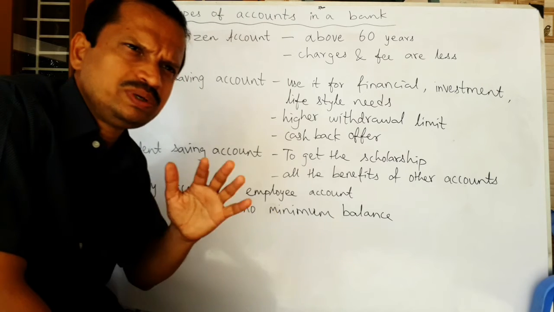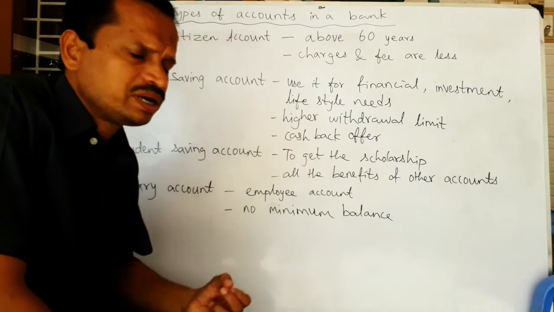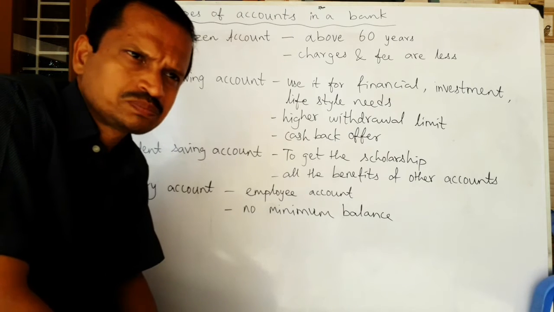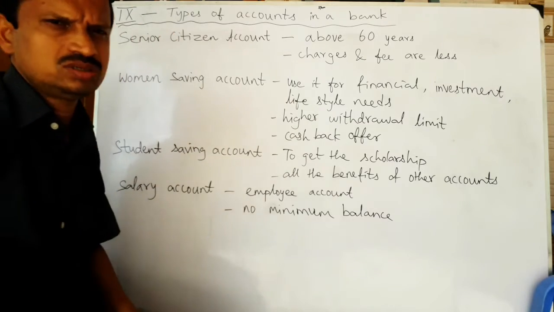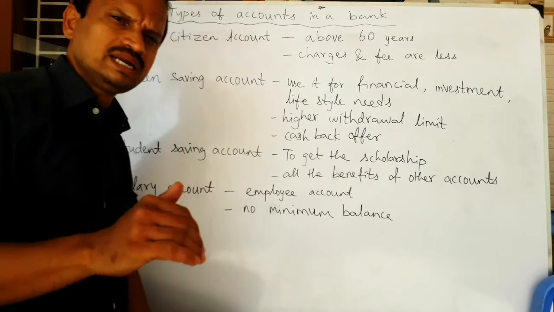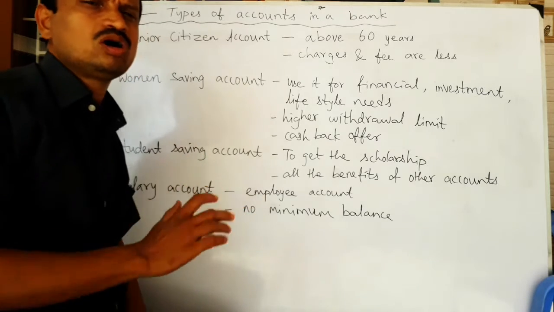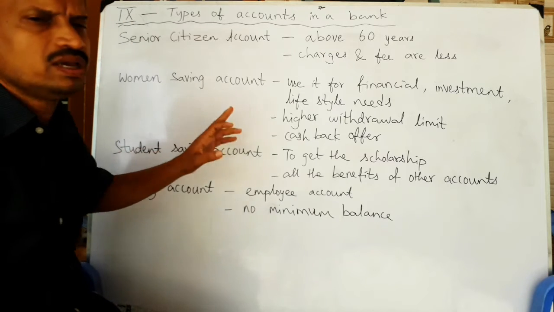If I am having an SB account at this age, I cannot get more interest compared to the senior citizens account. Clear? These are the benefits the senior citizens, those above 60 years, will get. The charges and fees are less, and they will get high interest compared to the normal SB account. Clear?